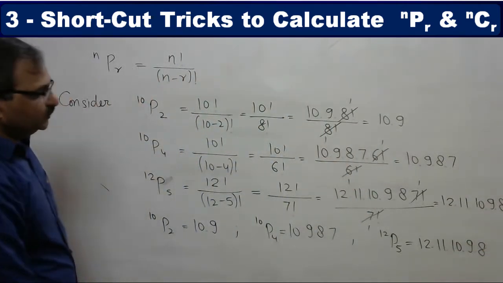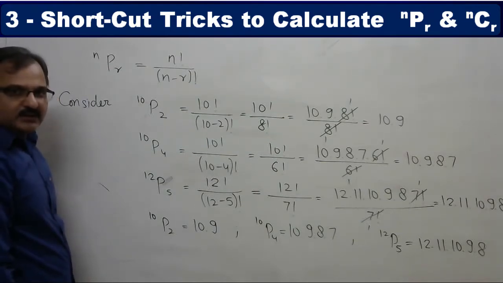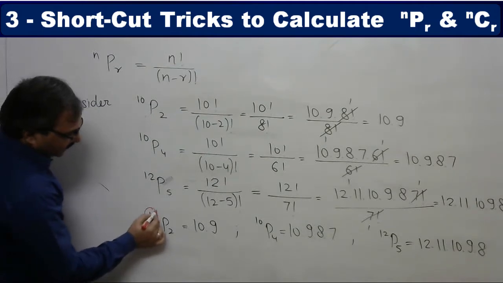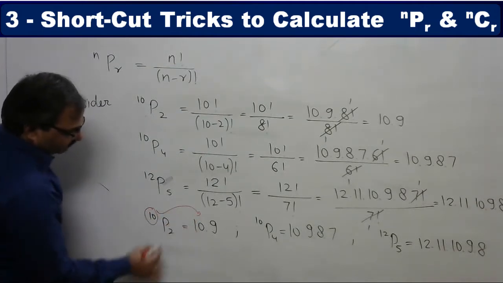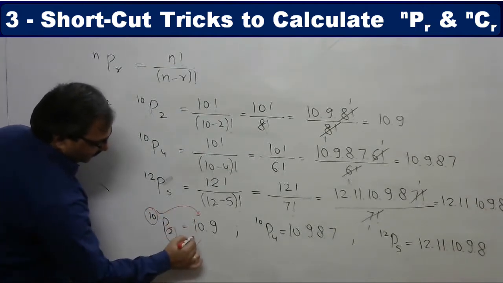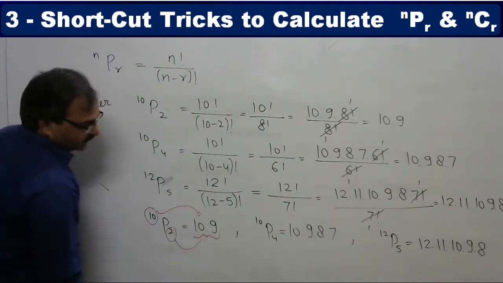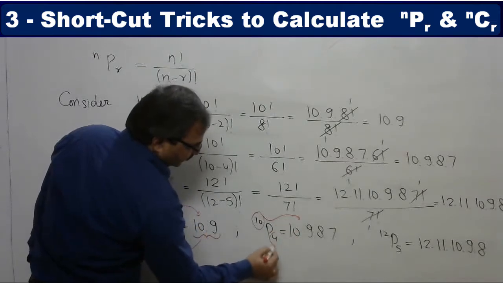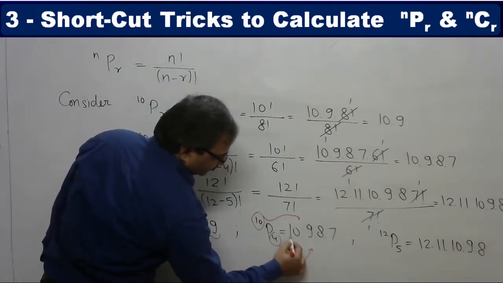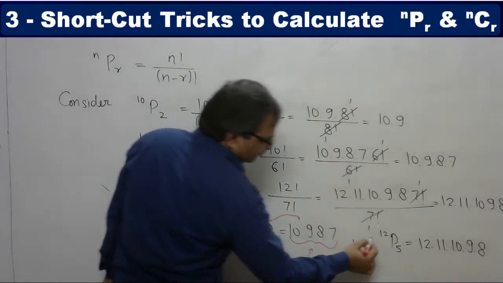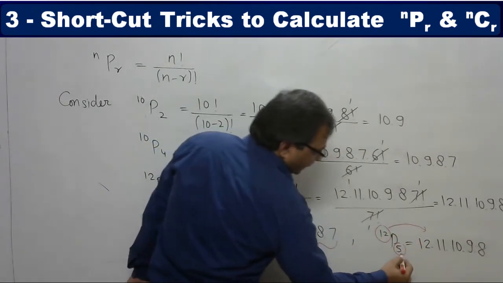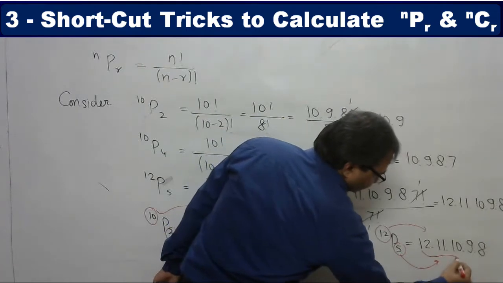Now here you have to use your mathematical and reasoning skill to see how this 10 is related to this and how this 2 is related to this expression. How this 10 is related to this and how this 4 is related to this expression. In a similar way, how this 12 is related to this and how this 5 is related to this expression.